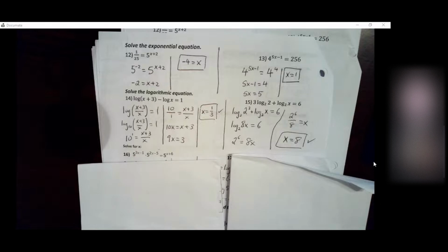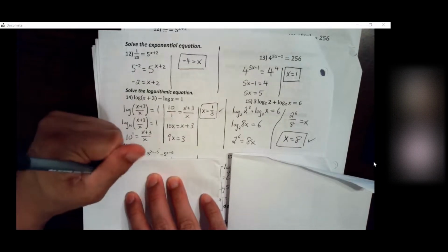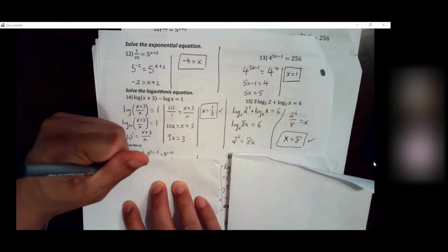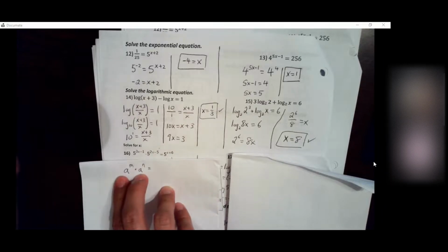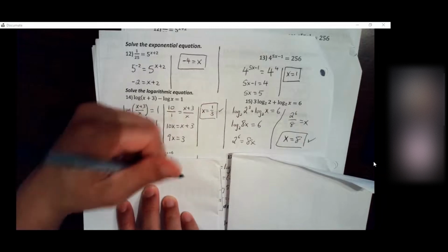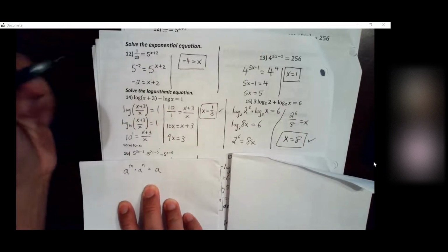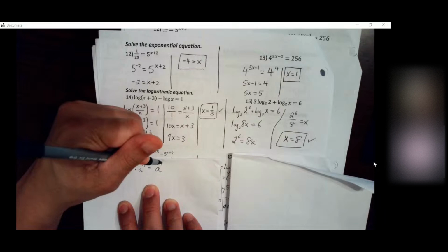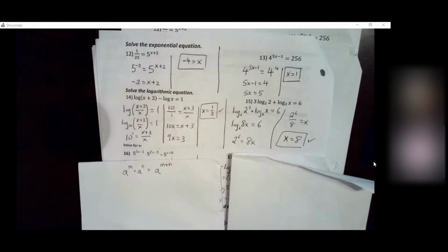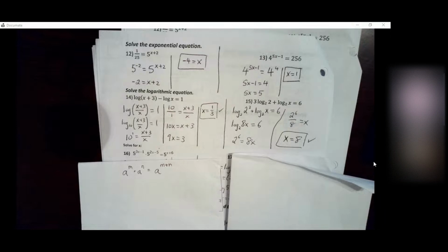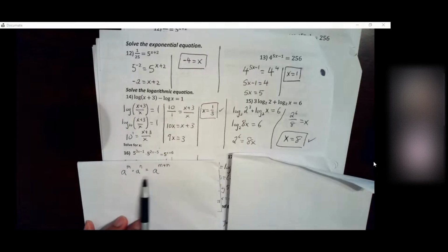So we have this property here that says if I have a to the m times a to the n, if I multiply bases, I can do what with exponents? Add. Add, yeah. So that'd be 25 to the 5x minus 6. Oh wait, but when you multiply, the base stays the same. Oh, okay.